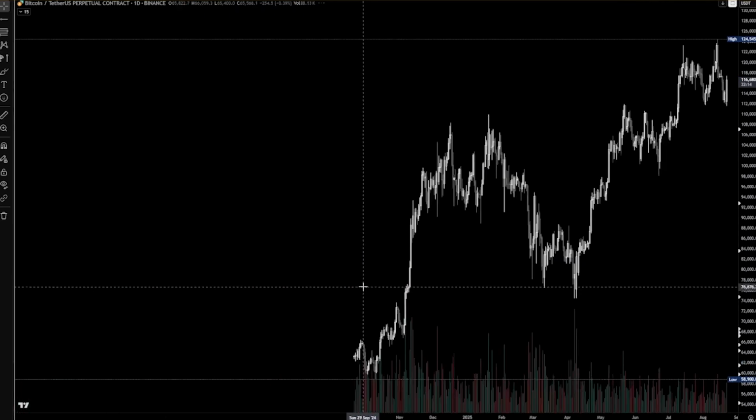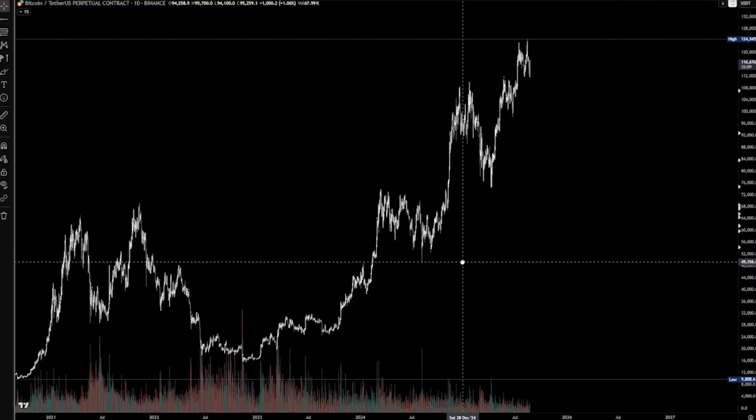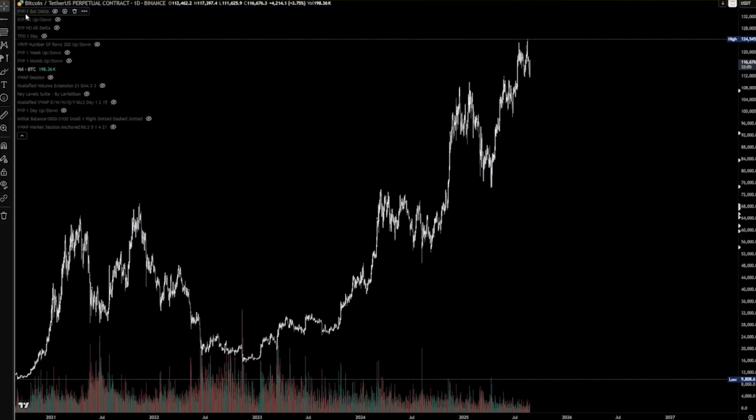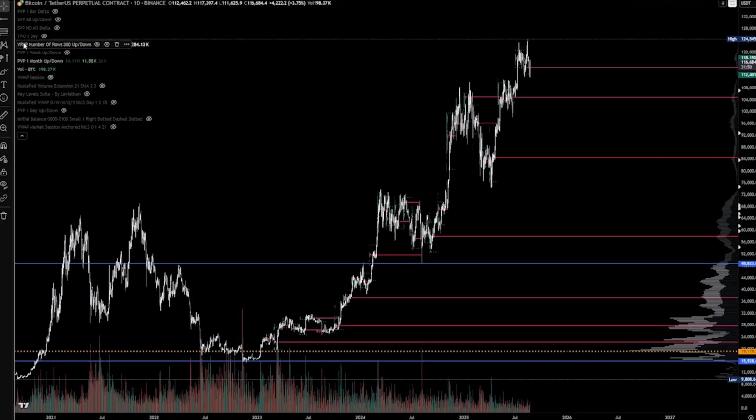Should even look at it at weekly. This is pretty nice. All right, we'll go monthly candles and visible range. Okay, this is periodic volume profile for the monthly and visible range volume profile over here.